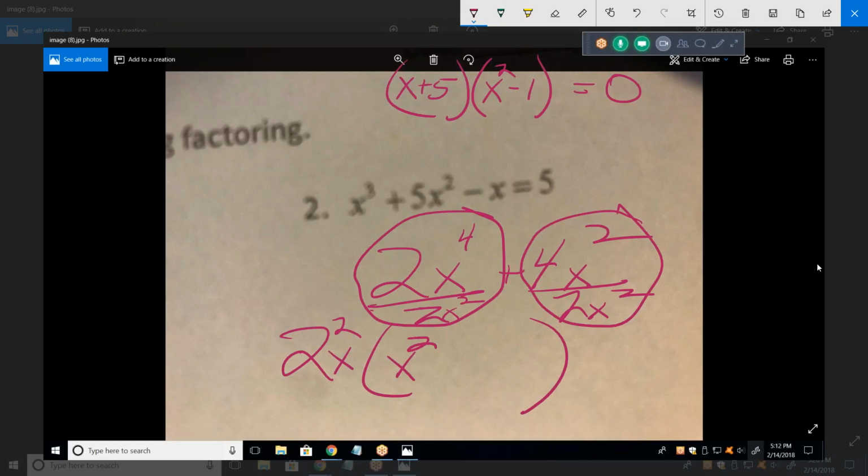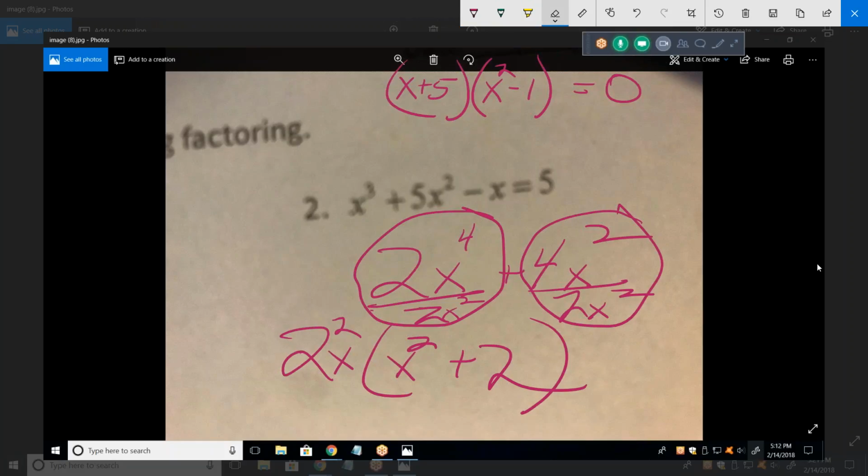This is 2. That's how you do it. In other words, when you take a greatest common factor out, what you are doing is dividing both terms by that greatest common factor. And that's what I did on the previous problem. Only the greatest common factor was x plus 5. So I had to divide both terms by x plus 5. And what was left over was x squared minus 1.